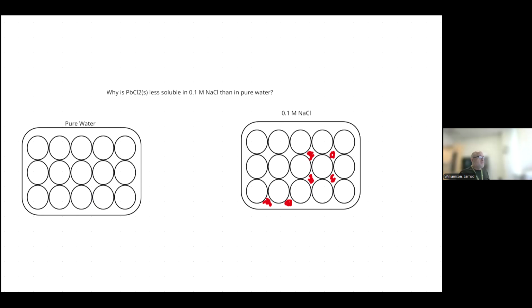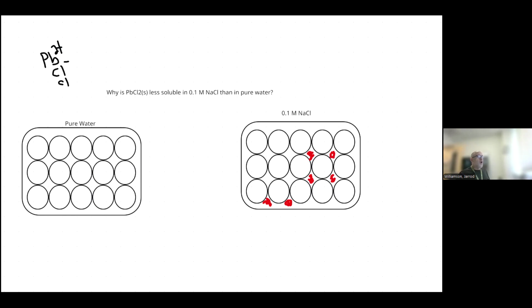That means that this is, let me show you guys. This is made out of lead 2 plus and 2 separate chloride ions.